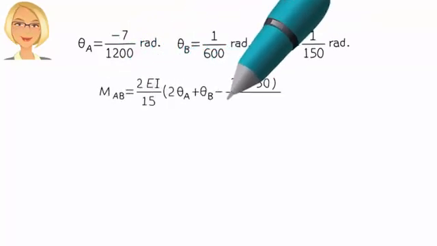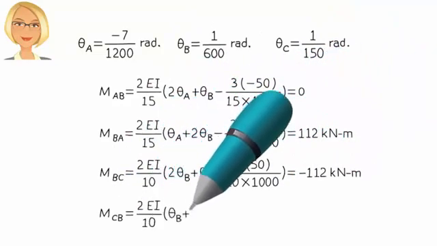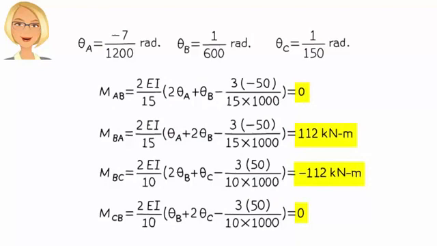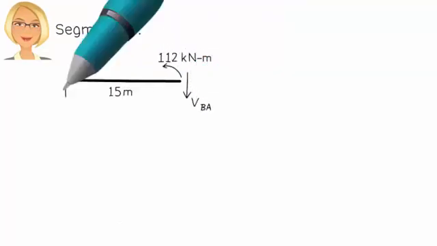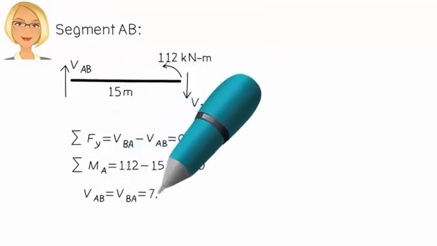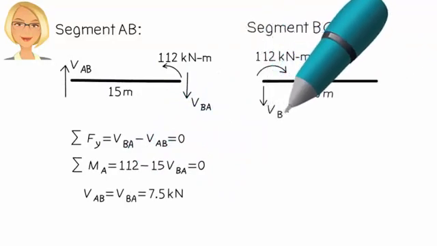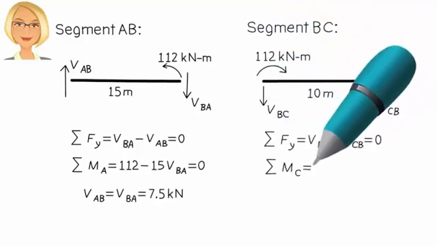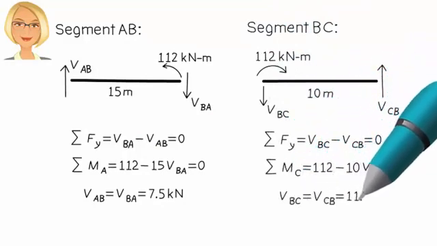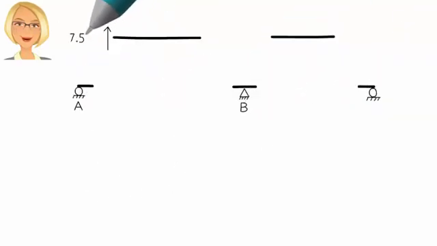They are, then, we can easily calculate member end shear forces for each segment. For segment AB, we have, for BC, we have, finally, we determine the reaction forces at A, B, and C due to the support settlement.